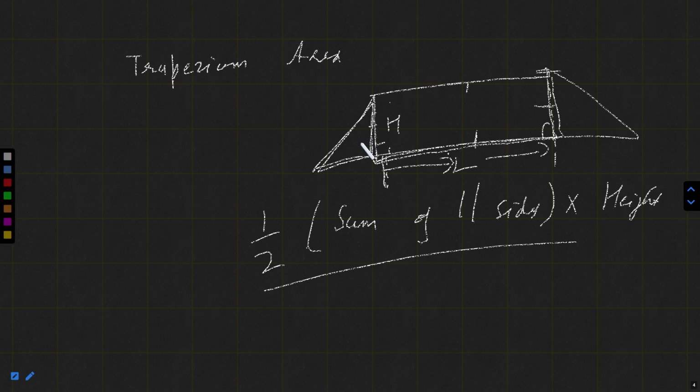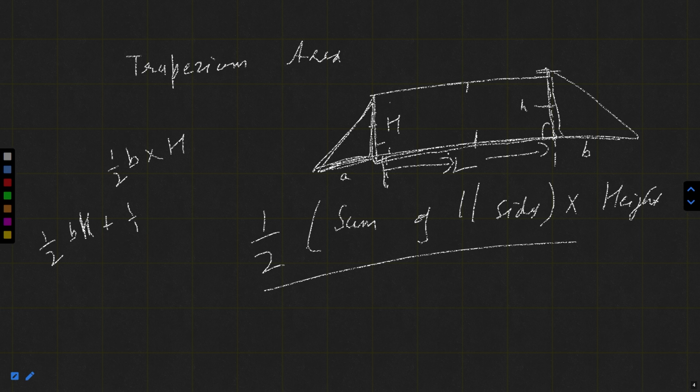The area for this triangle, say with base A, will be half into base A into height H. For this other triangle, suppose the base is B, and the height remains the same, so you have half BH.